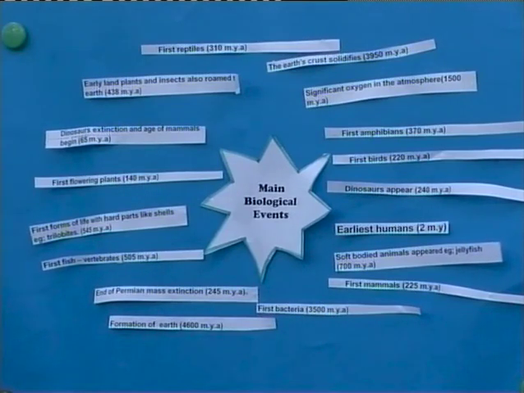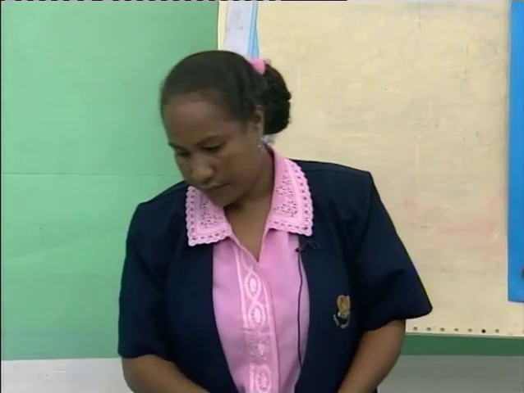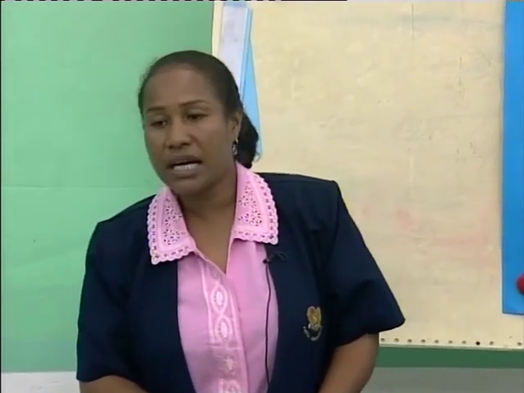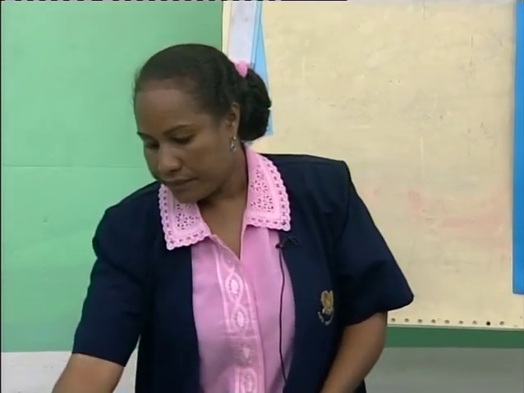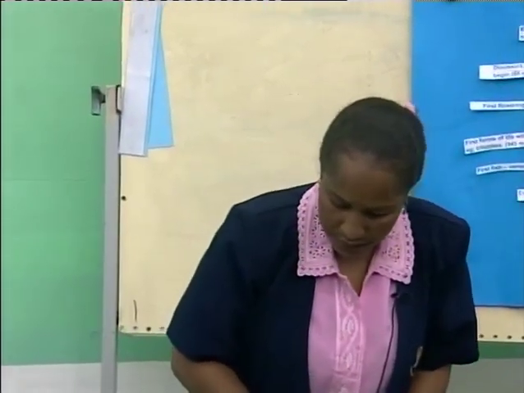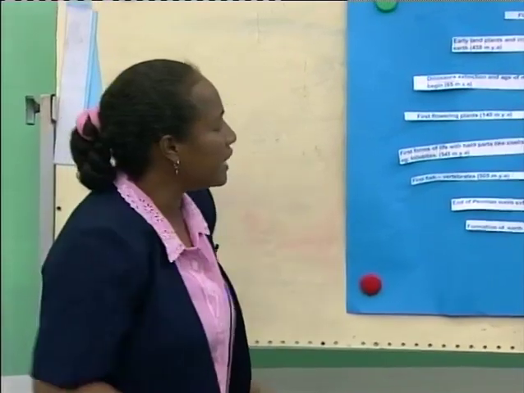Let's do one as an example. Now, tell me, when did the Earth begin? Or when was the Earth formed? In your last lesson? 4,600 million years ago.